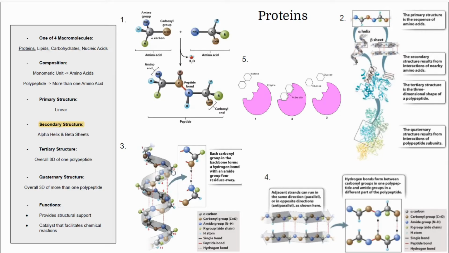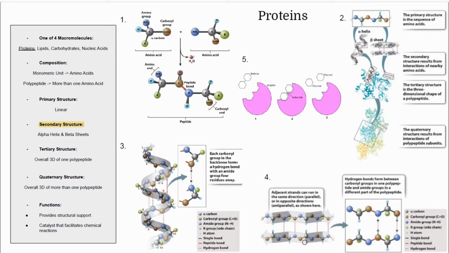Another thing to note is the side chains, the R groups, are all facing out while the backbone is on the inside. And the alpha helix is always a right-handed coil, which means if you stick your right thumb up and make a fist with your hand, your fingers show the direction of the alpha helix.